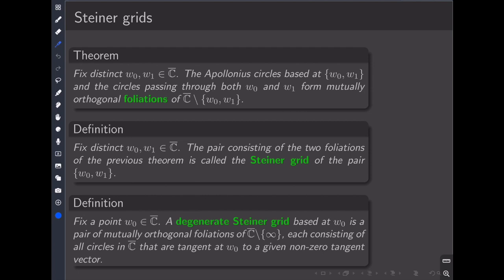For those two types of Möbius transformations, we are going to be using these two families: the family of Apollonius circles and the family of common circles. And the pair consisting of both families we are going to call the Steiner grid of my pair of distinct points in C bar.